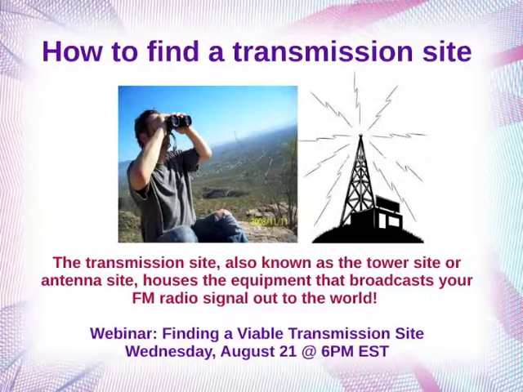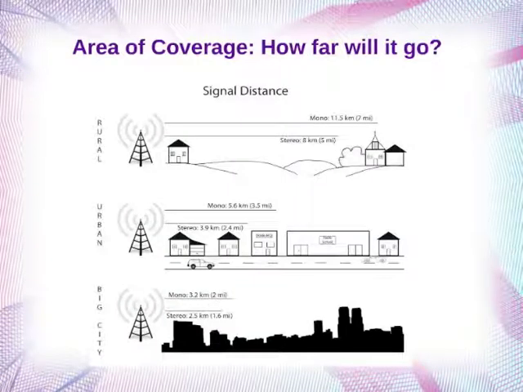Here we go. This is just a little bit about the coverage. As you can see in this graphic, depending on where you're located, what's around you, the terrain around you, and the buildings around you, a low power FM signal, or any FM signal, is going to go different distances.